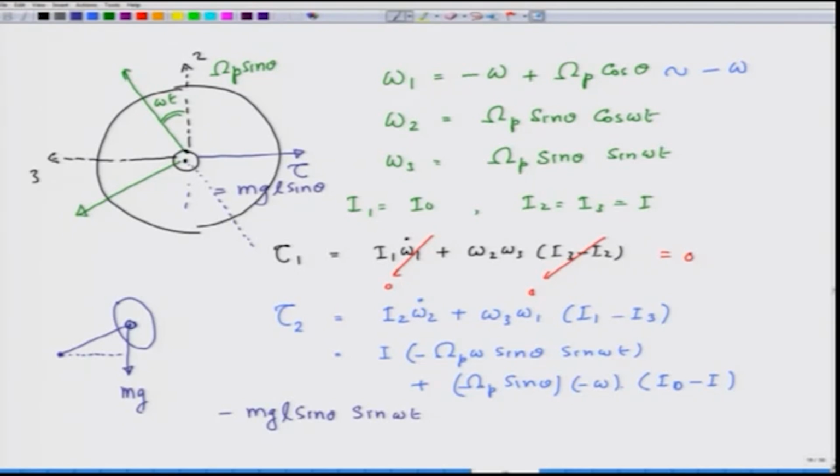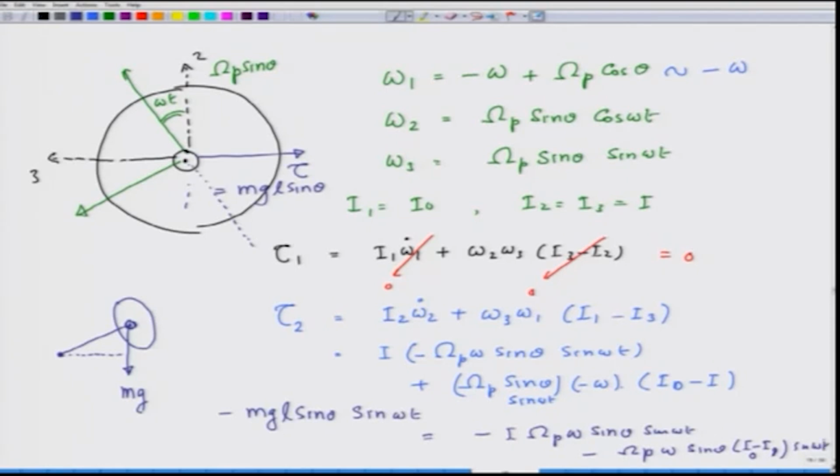Oh, for the omega 3 out here, I also had a sin omega t here, which I forgot, and it should be equal to minus I omega p omega sin theta sin omega t minus omega p omega sin theta times I minus I 0, or I 0 minus I sin omega t.